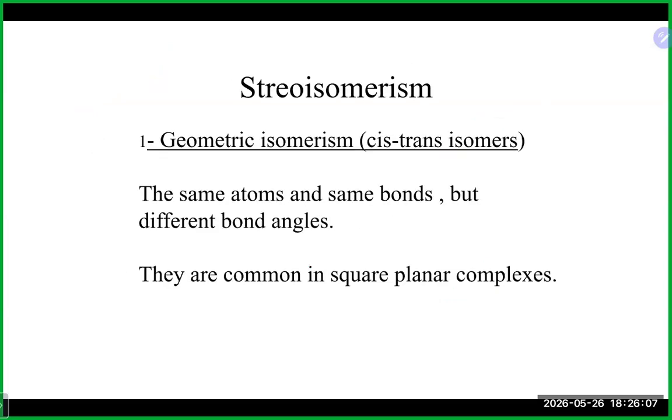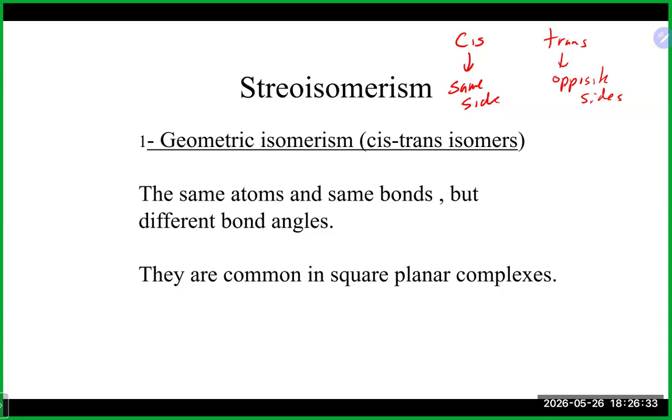Now, stereoisomers are the other type of isomers, and that gives rise to what are referred to as cis or trans isomers. Cis and trans is something you hear a lot about in organic chemistry. Cis basically means the same side, and trans usually means opposite sides.